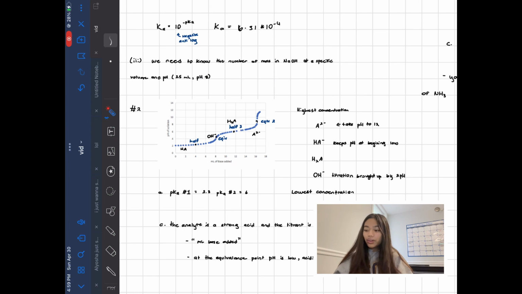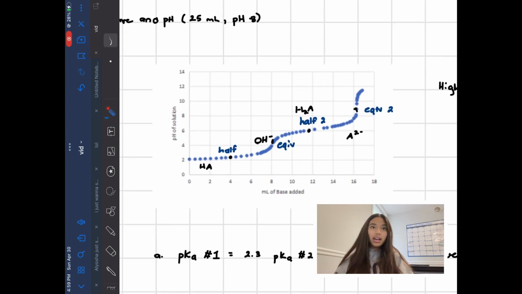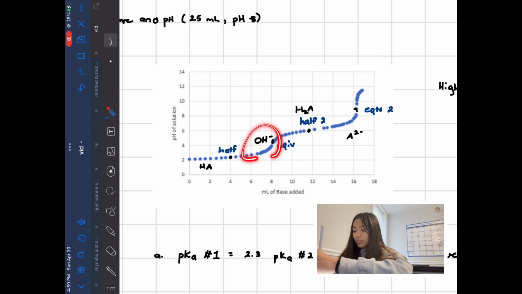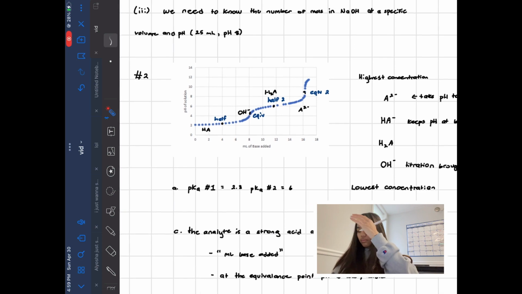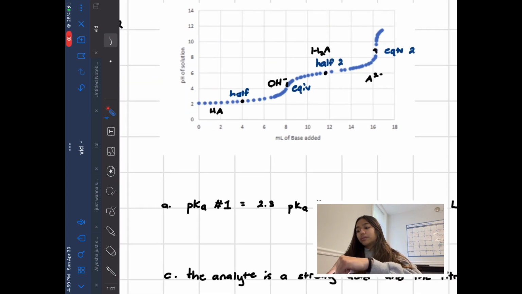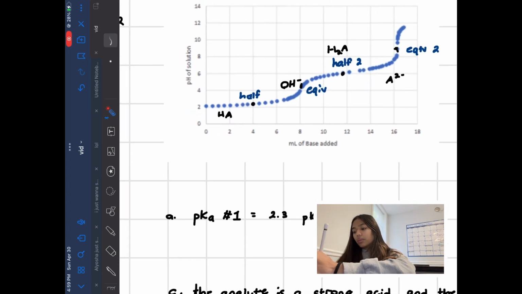Using this graph below, we need to identify pKa1 and pKa2, like from here and from here. So pKa1, which we find from our half equivalence point, I found it to be about 2.3.